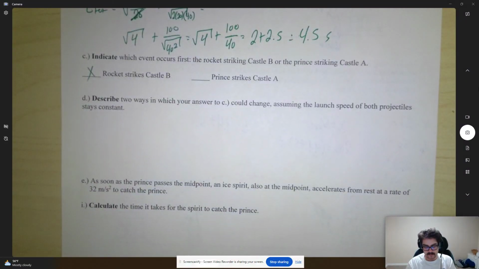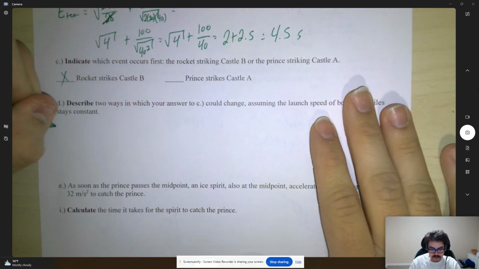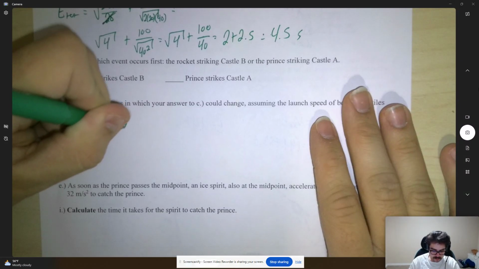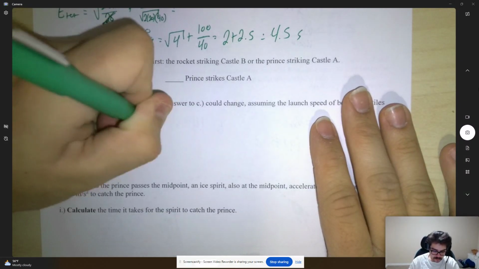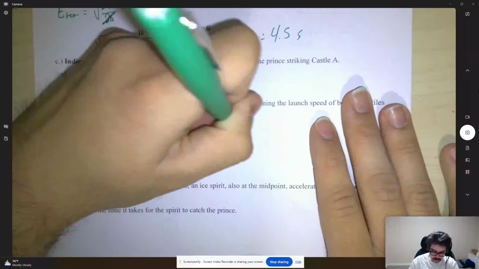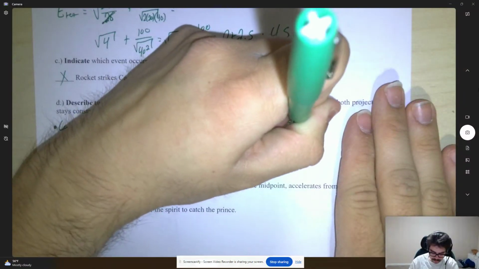How can I have changed the problem, assuming the launch speed of both the knight and the rocket stay constant? I could launch the rocket at a greater angle to increase flight time.